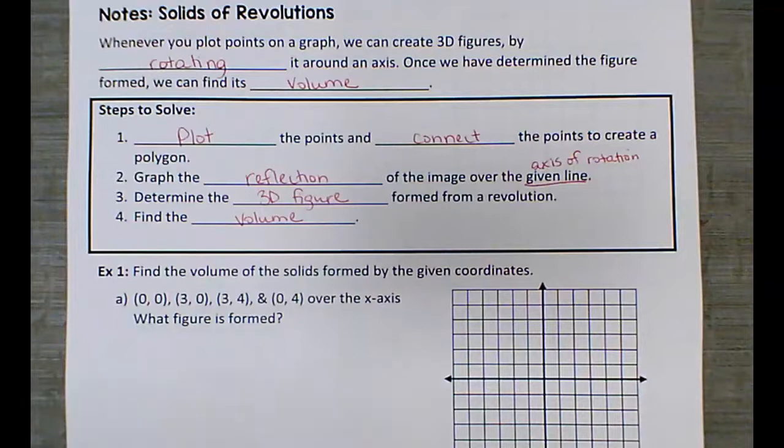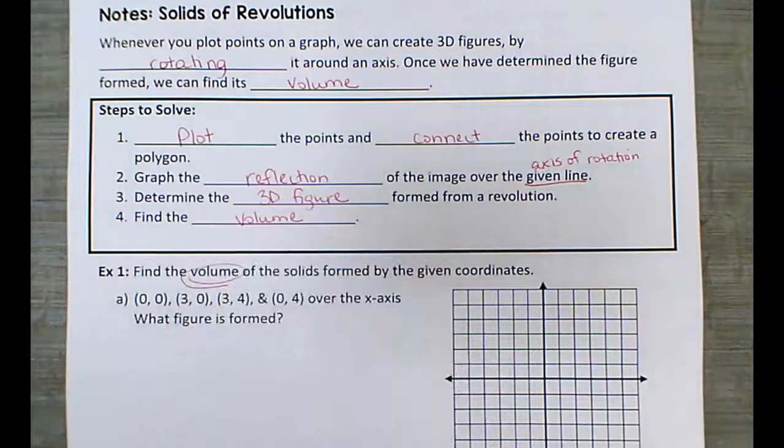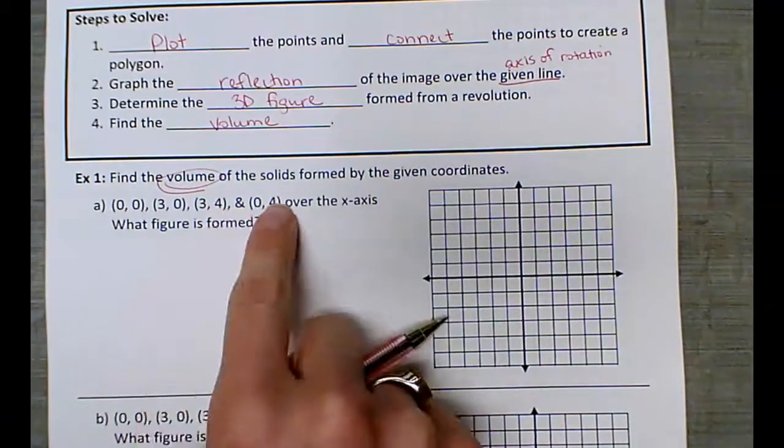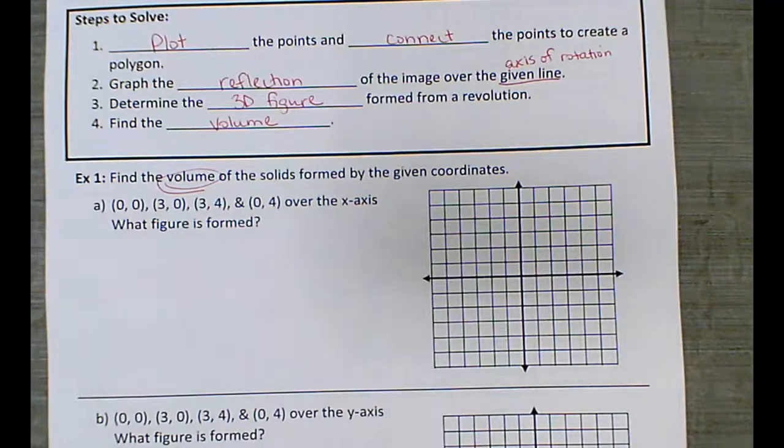So example 1 says, find the volume of the solids formed by the given coordinates. So in example 1, I have 4 points, so I'll have 4 vertices of a polygon, which means that it'll be a 4-sided polygon. It'll be a quadrilateral.